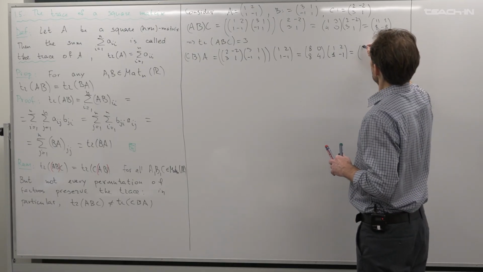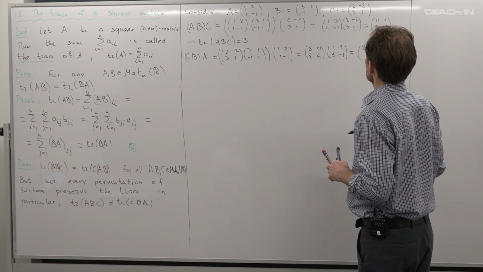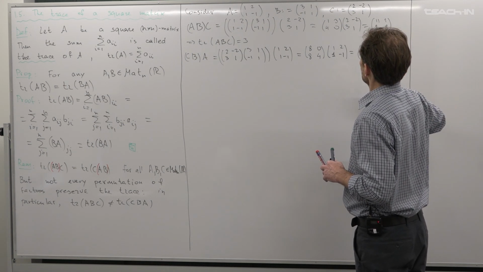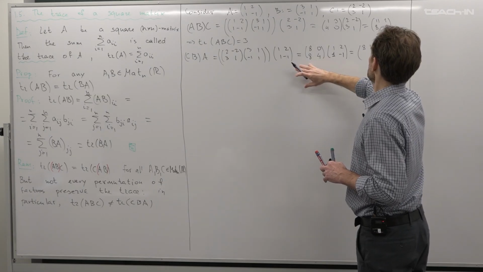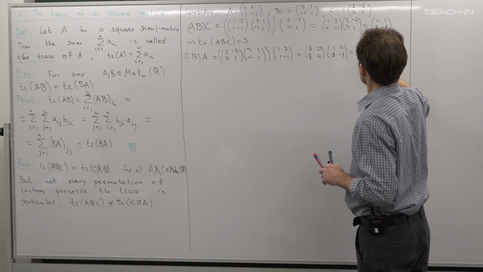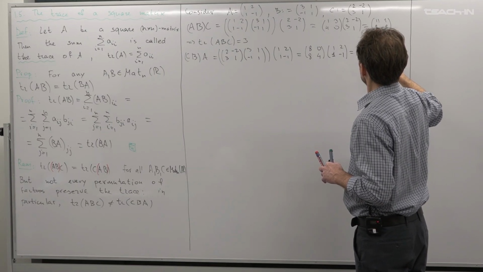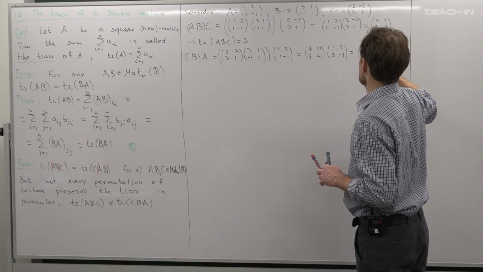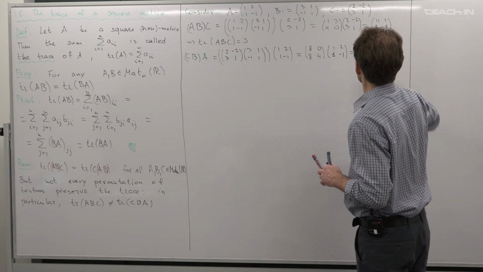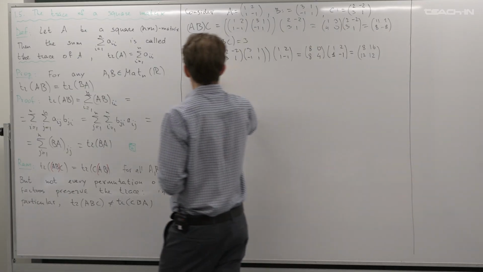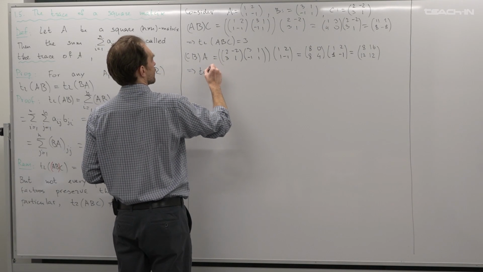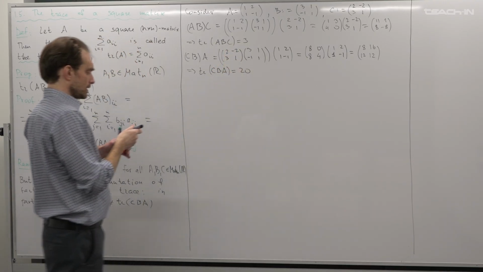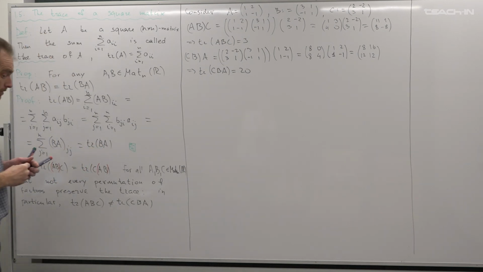So we have 8 here, and then we have 16 here, then we have 8 plus 4, 12 here, and how much? 16 minus 4 makes 12 here, if I'm not mistaken. So the trace of CBA is 20. So we see that the traces are different in this particular example.